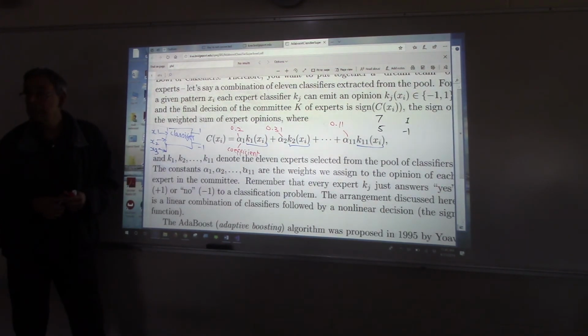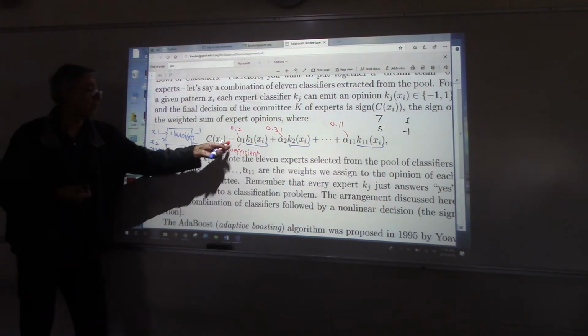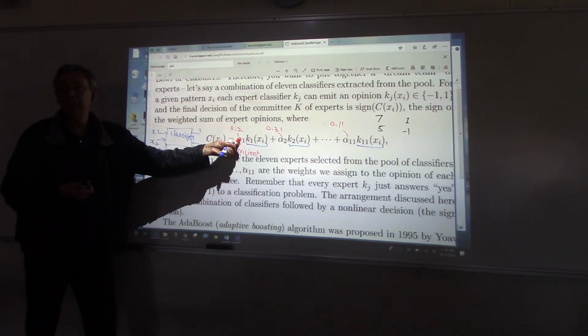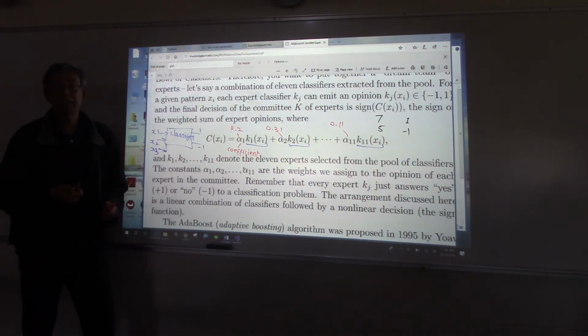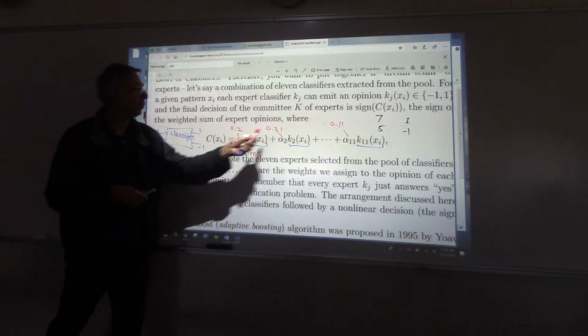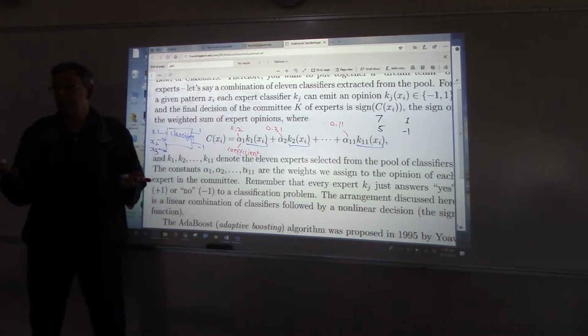Equal. So there will be a number, right? 1/12. 1 over 12, exactly. Okay. So each one is 1 over 12, because they have equal weight, right?